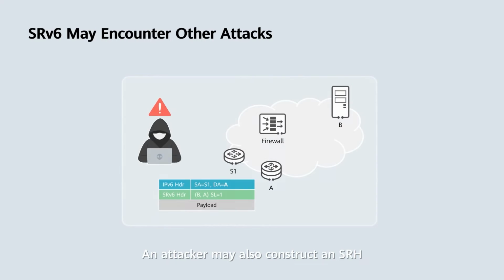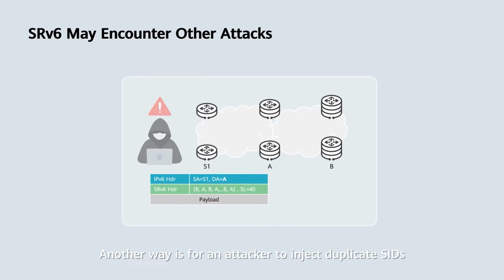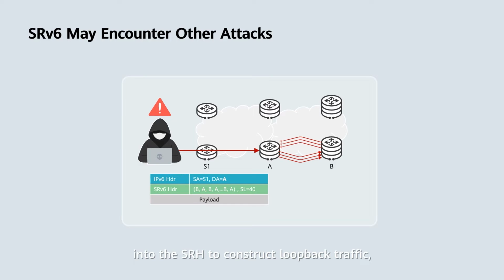An attacker may also construct an SRh to bypass a critical detection device. Another way is for an attacker to inject duplicate SIDs into the SRh to construct loopback traffic, thereby occupying network resources and launching a DOS or DDoS attack.